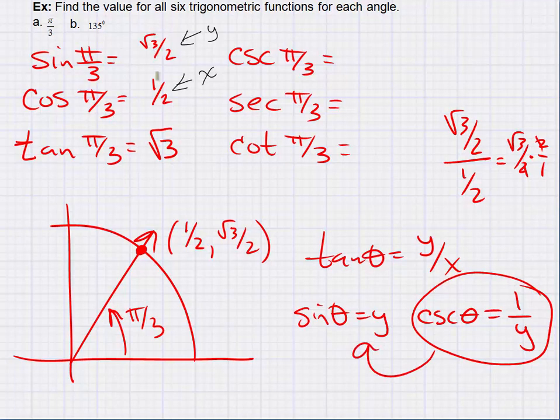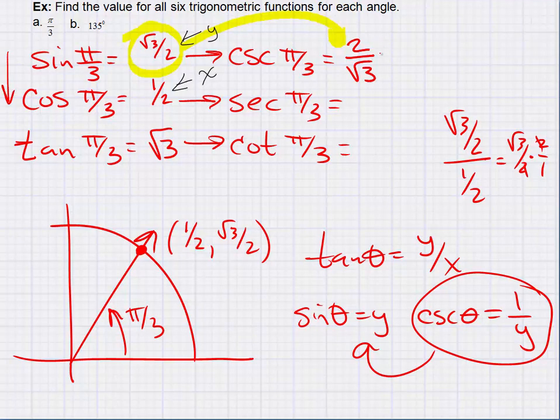So if I know this answer here, to get this answer, I should just do the reciprocal. I should do 1 over y. So in that case, this answer is 2 over the square root of 3. And by writing it this way, I can clearly see that pattern. These are the reciprocals, and these you divide.